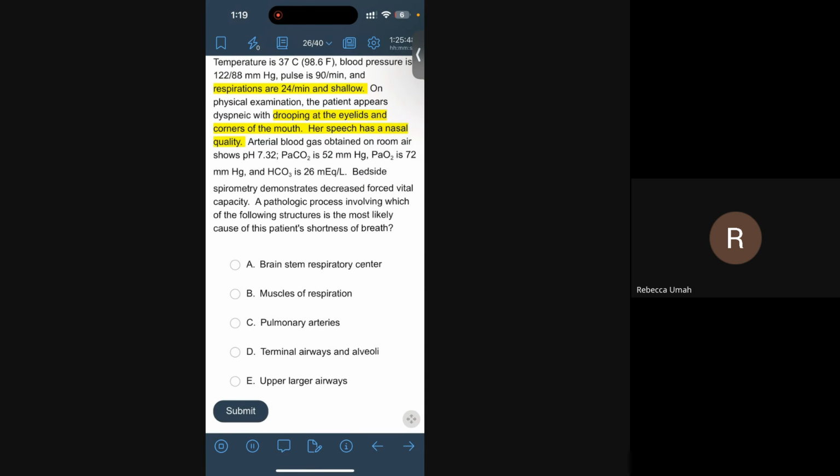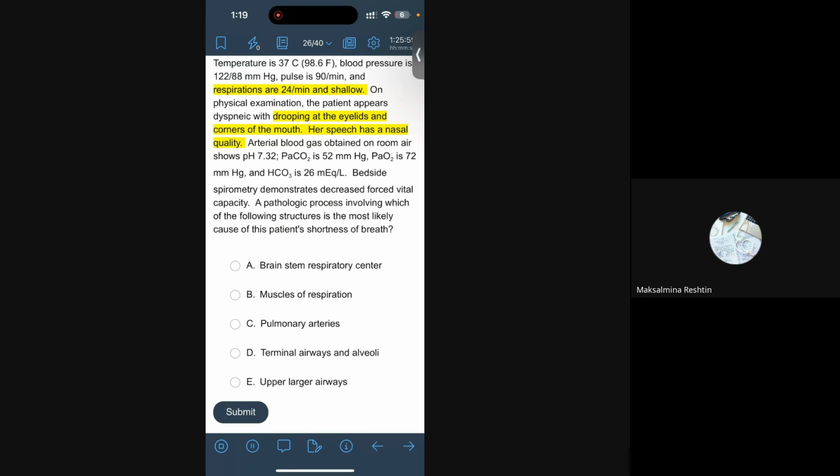Myasthenia usually affects what type of tissue? The muscles. Yes, it affects the nerve receptors, and when the nerve receptors are no longer present, the muscles are no longer able to work in their usual way.